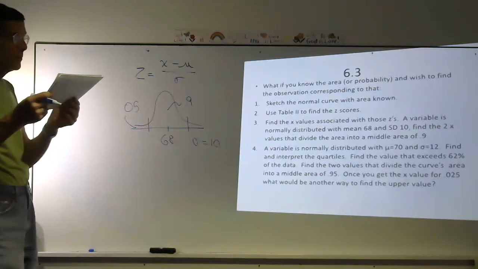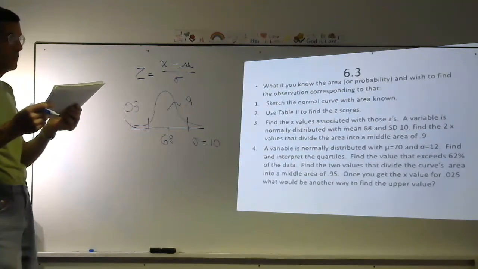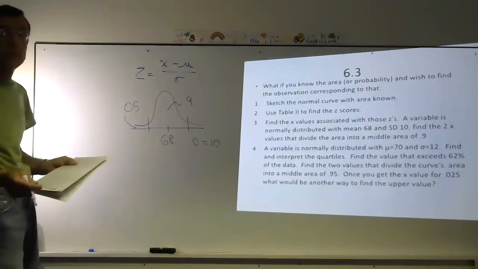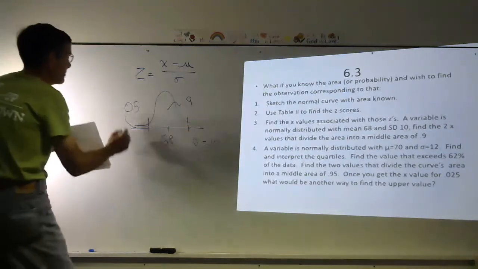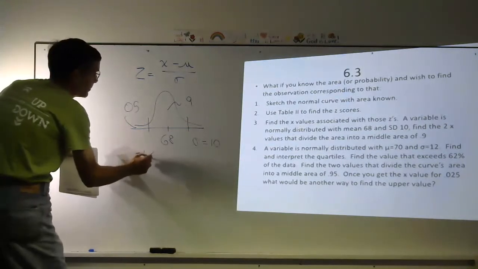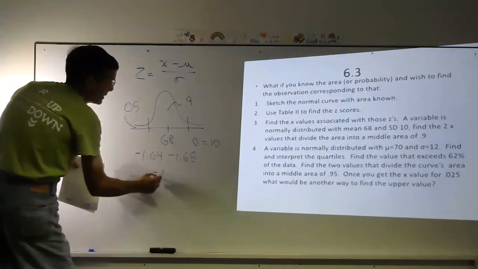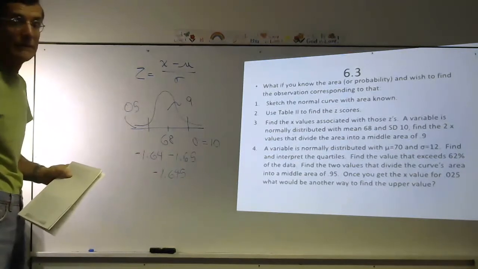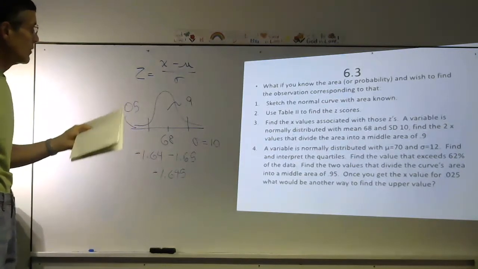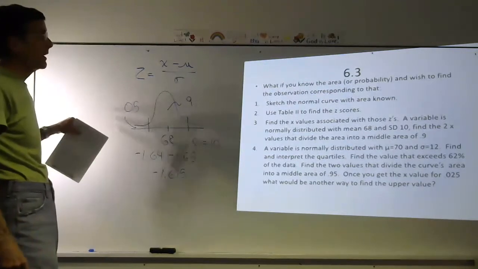That's the one that is dead in the middle between negative 1.64 and negative 1.65. We did this last time we were together. Which is negative 1.645, right? Dead in the middle, okay? So we know that that's the z-value that has an area of 0.05 below it.